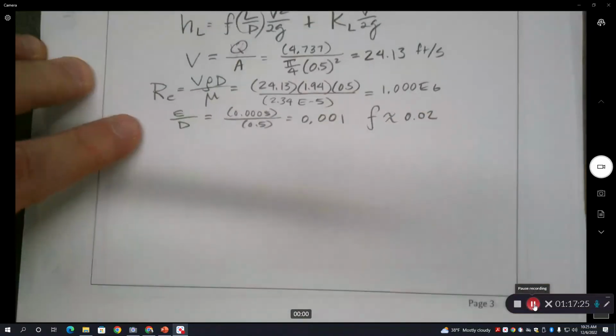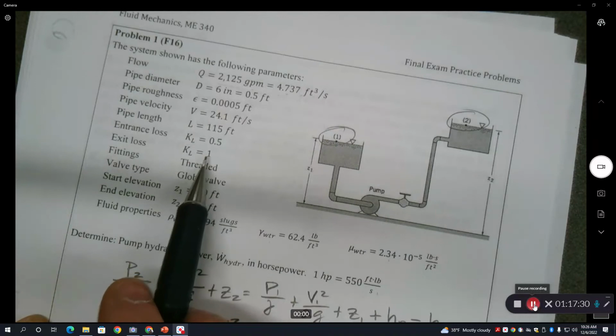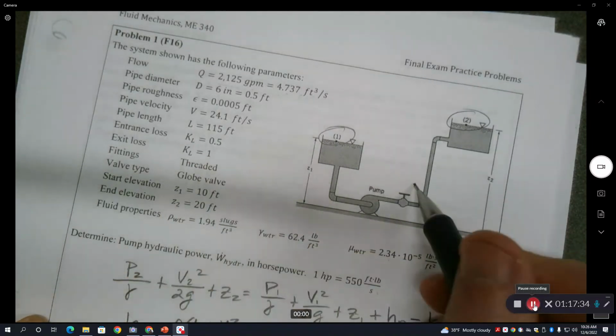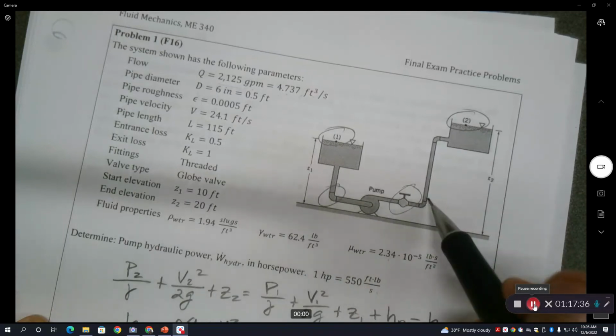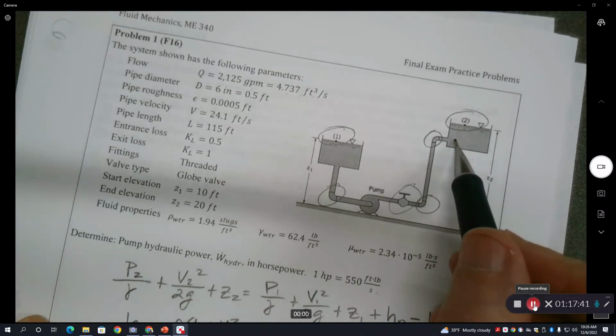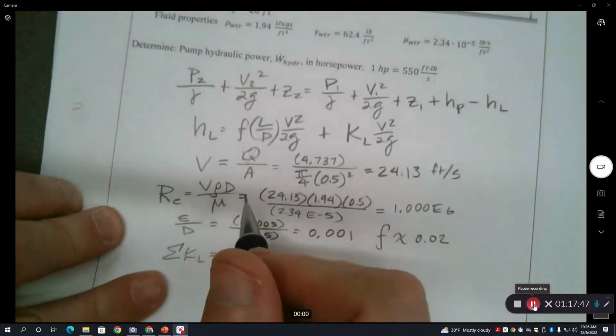And then we were given K, right? Let's see. We have a globe valve, 3 elbows, an entrance and an exit. So you can see the sum of the KLs right here.